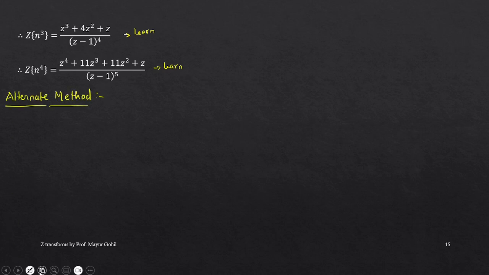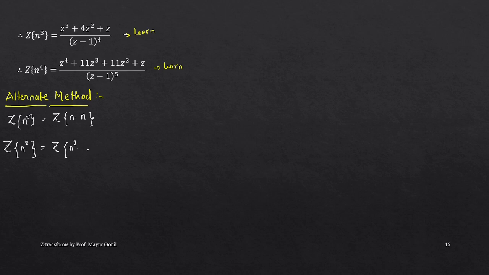See, the method that we used for finding the Z transform of n square was that we used n into n, right? This was the method. Now instead of doing this, we also can write that the Z transform of n square is the same as the Z transform of n square multiplied by 1. This is also possible.